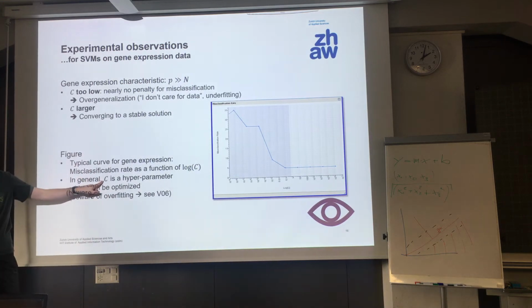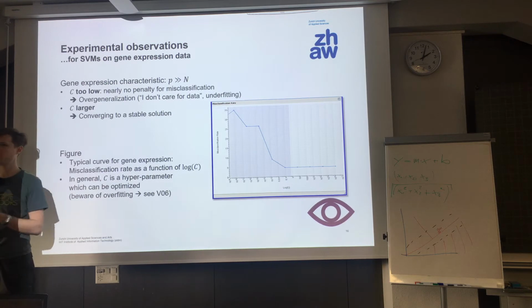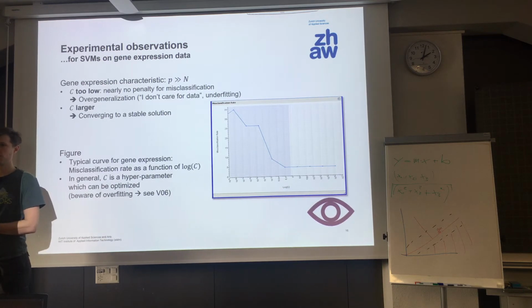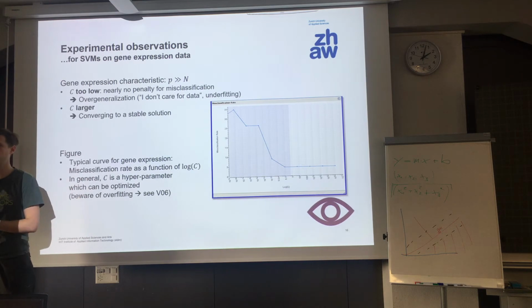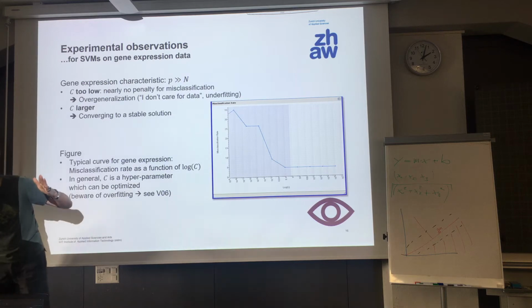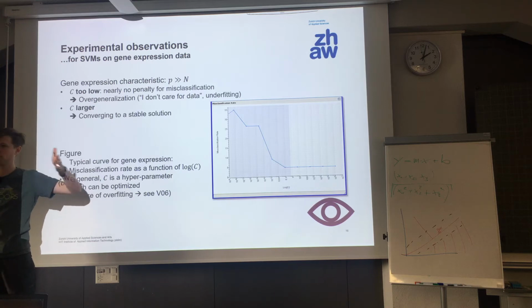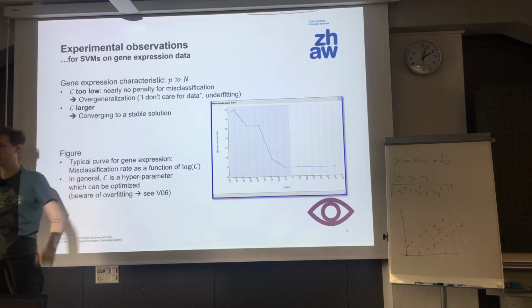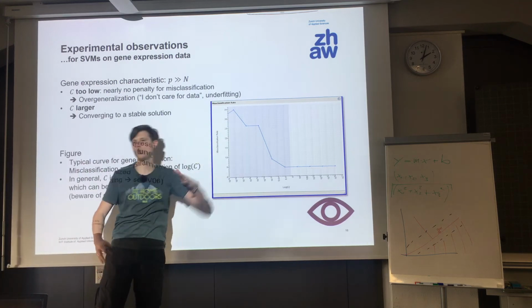Take-home message here is, if your task is to fit a classifier to some set of data, you have to fiddle around with a hyperparameter, and I would strongly suggest that you do that in a systematic way. You define an upper and a lower limit, and you say, okay, I want to have 10 measurements within that, and then you sample that space, you do a grid search basically, and systematically evaluate what works.